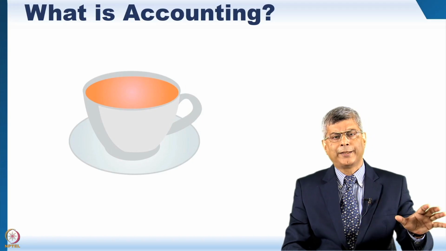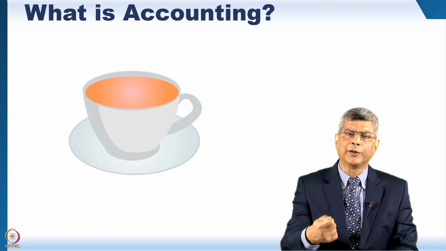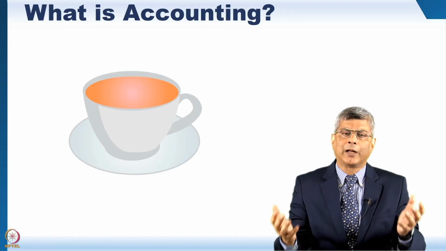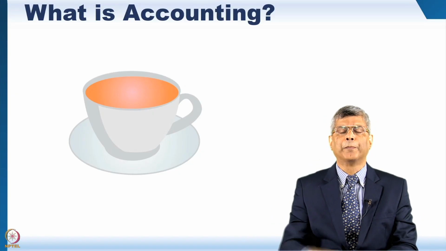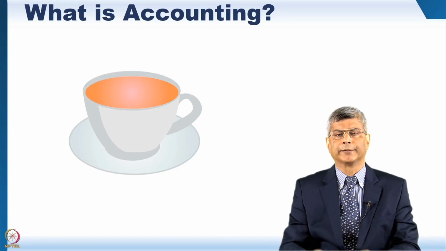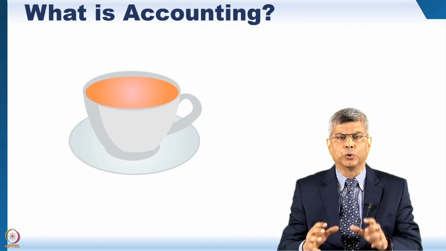So I've spent 80 rupees, that's my cost. I have sold the cup of tea at 100 rupees. I've made a profit of 20 rupees. But I've run out of cash because my customer is paying me after 2 days. So I'm what is called broke.